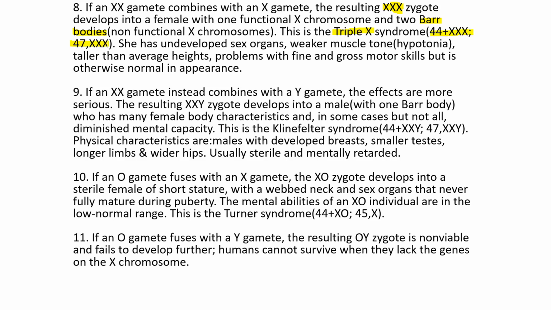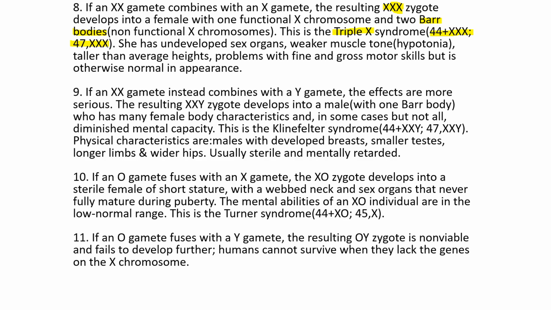Now, an individual with triple X syndrome is a female. Obviously there is no Y chromosome there, so she will have undeveloped sex organs, weaker muscle tone, or the term is hypotonia, and she will be taller than the average height of girls.